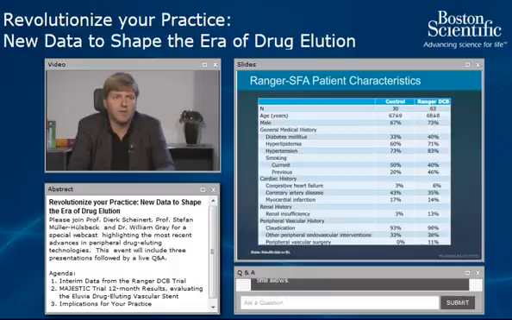Here you can see some of the patient characteristics. Well, I think we can see it's very well balanced. Of note, the percentage of diabetic patients was in the range of between 33 and 40% in both groups. So very comparable, I think, to other trials which have used similar patient cohorts and similar approaches.